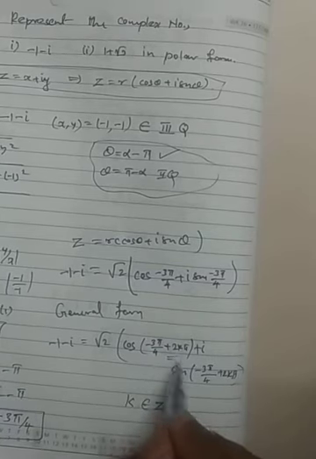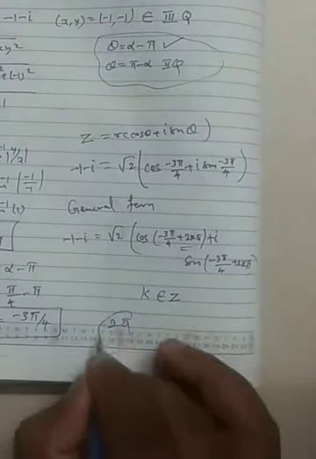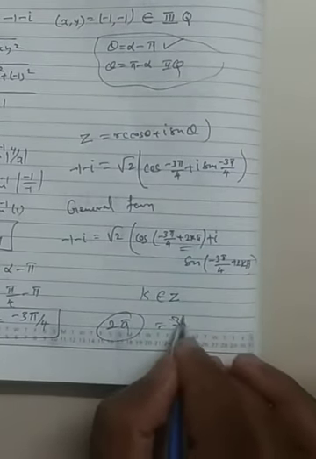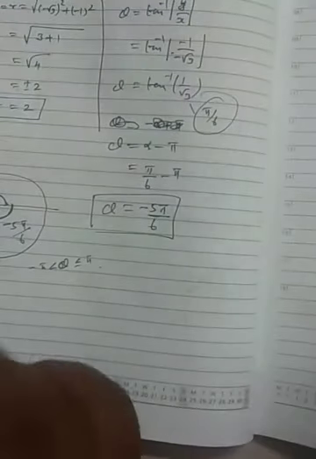Sir, why do we need to add 2k pi? You may ask the question. See, 2 pi means 360 degrees. If you take 360, it comes back here.